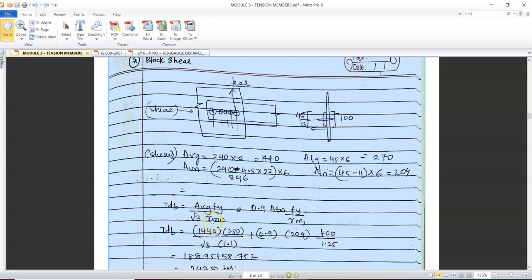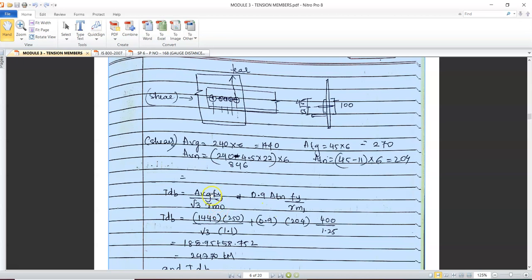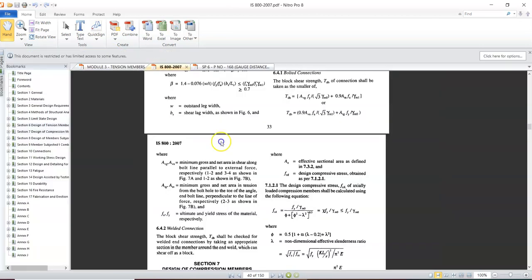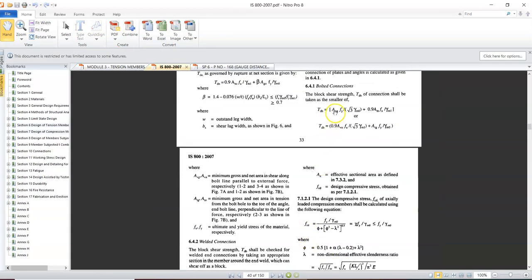When you observe, there are totally 4 new terminologies. Fy, gamma m0, Fu, gamma m1, these are all already familiar. The 4 new terminologies are AVG, AVN, ATN and ATG.